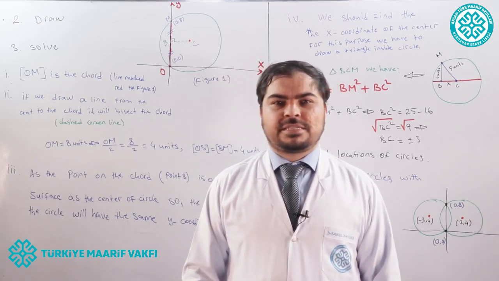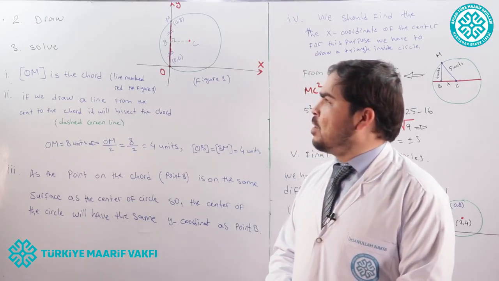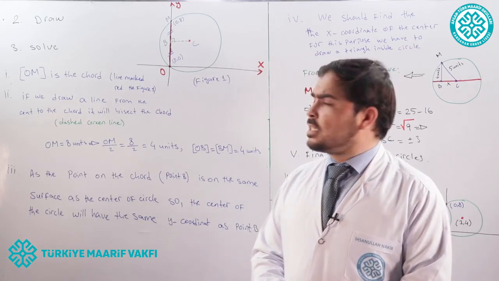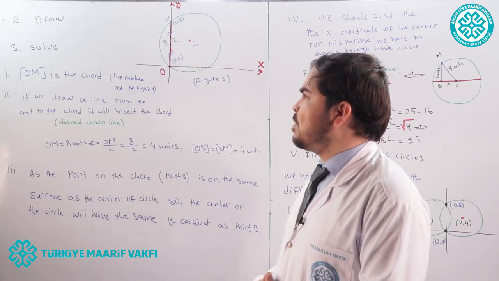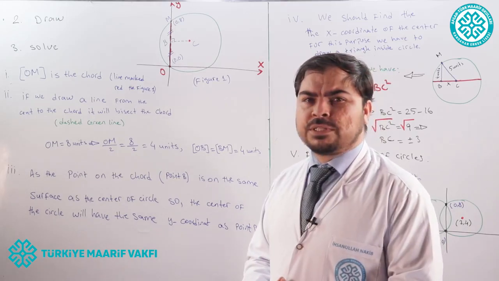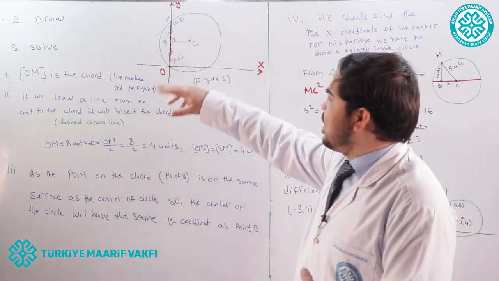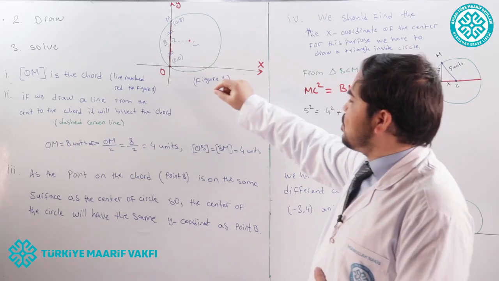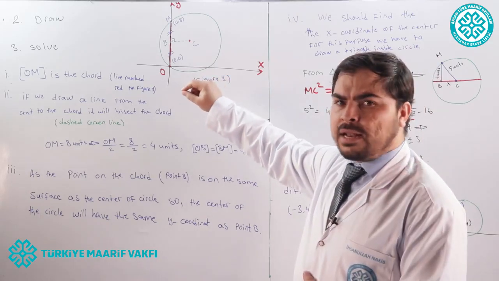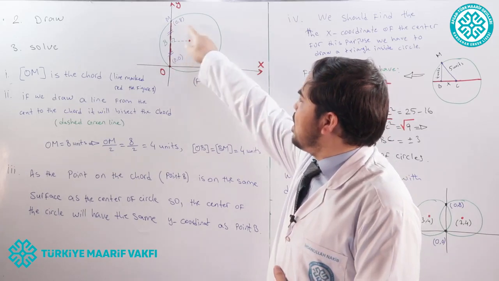Okay, students, let's go to the second part of our solution, the second step. In the second step, we have to draw the shape. The data that is given to us, we have to put on the coordinate plane and draw a circle. We had 2 points when we analyzed: (0, 0) and (0, 8).